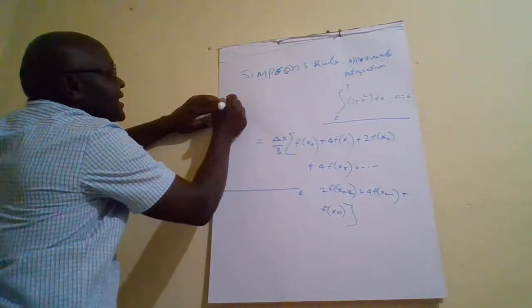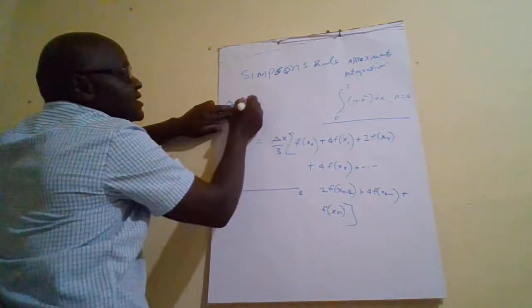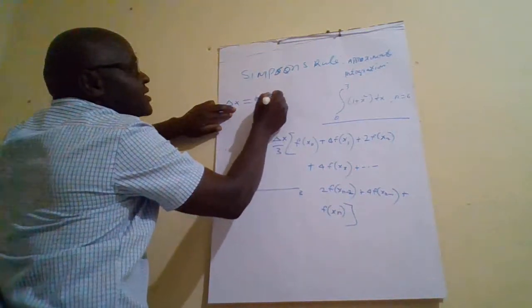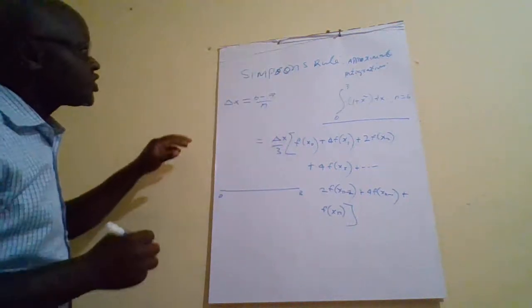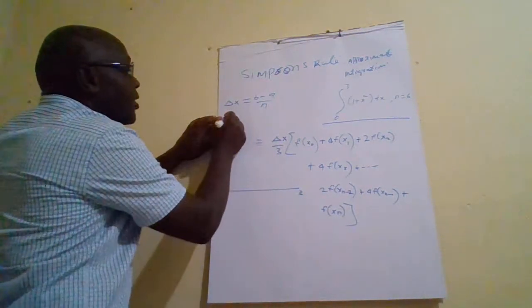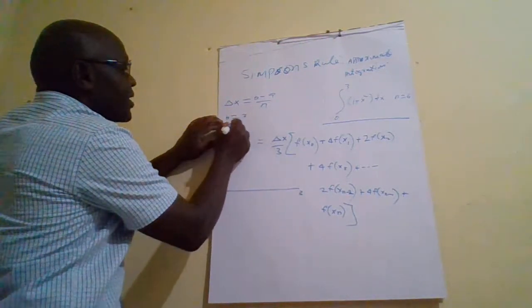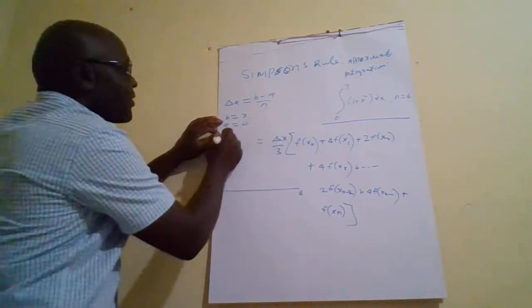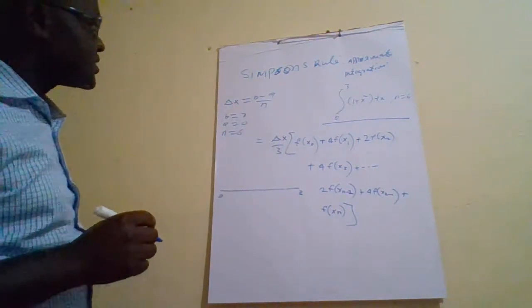Therefore, del x is given by b minus a over n. So our b equals 3, our a equals 0, and our n equals 6.